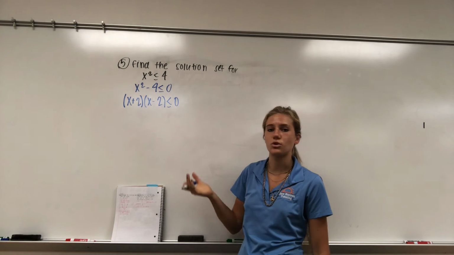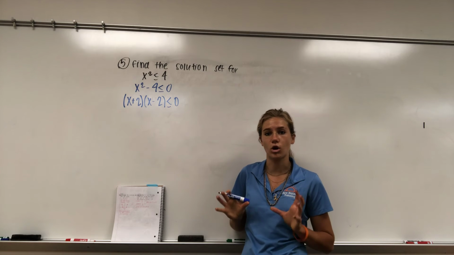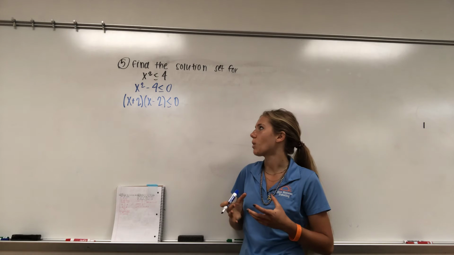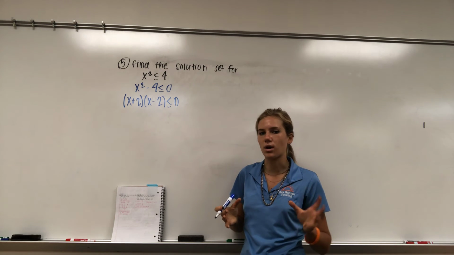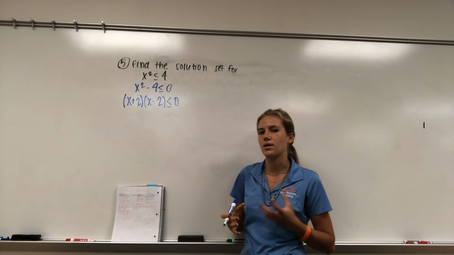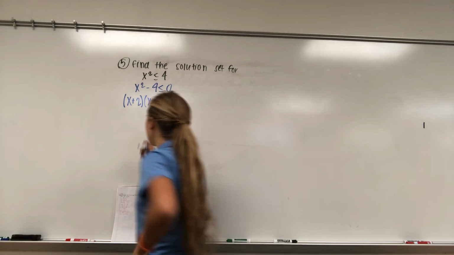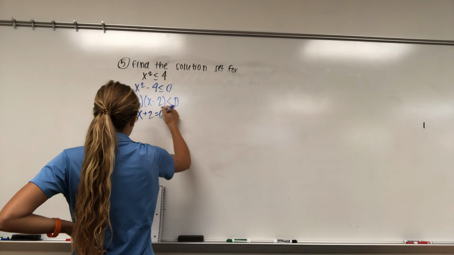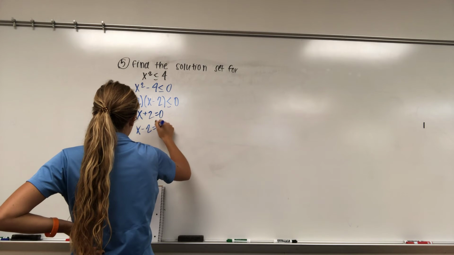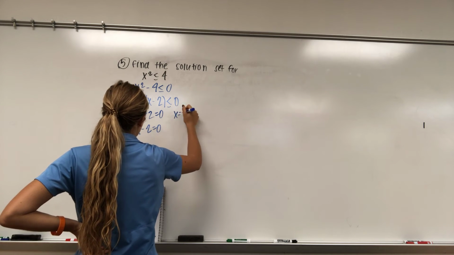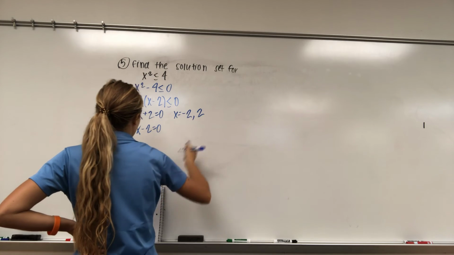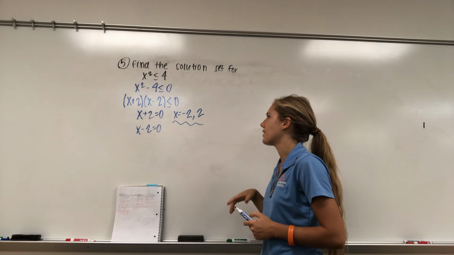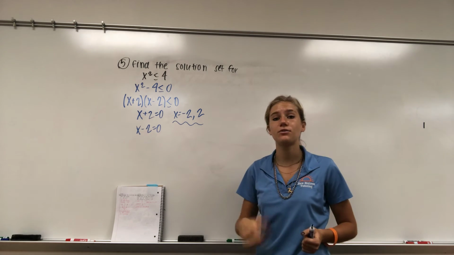Now that we have both of those values, we're left with just 2 large values, the x plus 2 and the x minus 2 being multiplied together, right? So what we're going to do is just set each one equal to 0 and solve for x for each equation. Okay, so if I solve that down, I can see that x is going to be equal to -2 and 2.